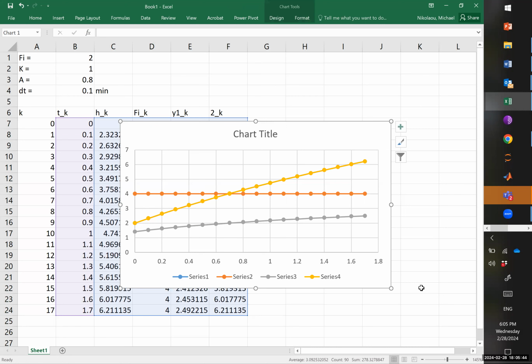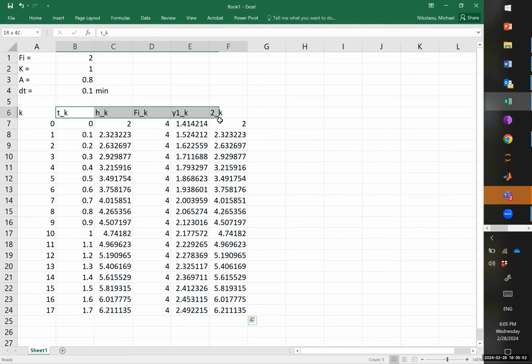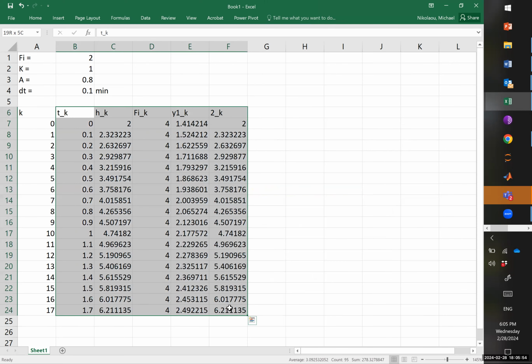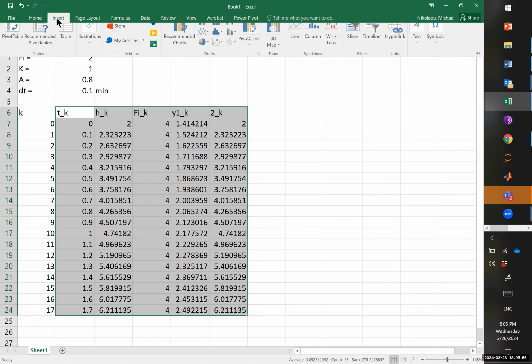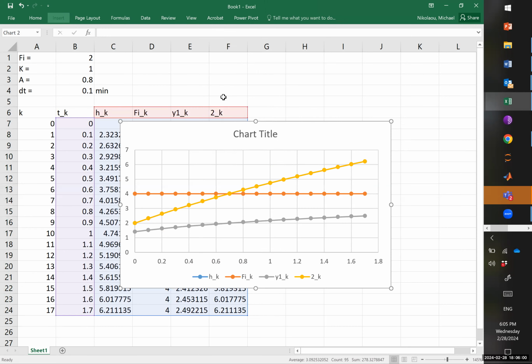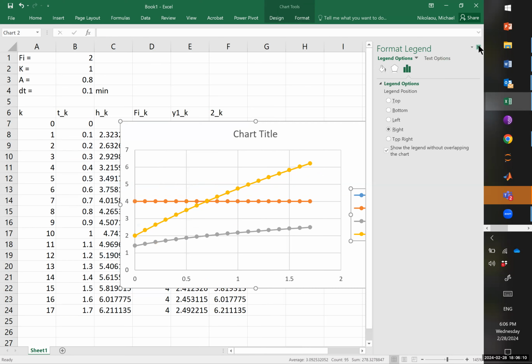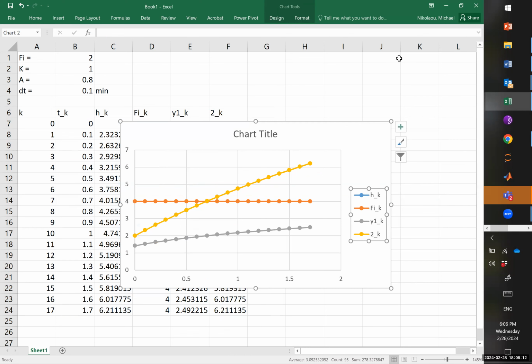Okay, so this is showing what, we tried a different way. Okay, this is a little cleaner.